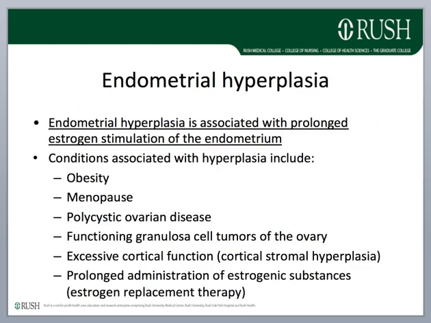Hyperplasia is associated with prolonged estrogen stimulation of the endometrium.